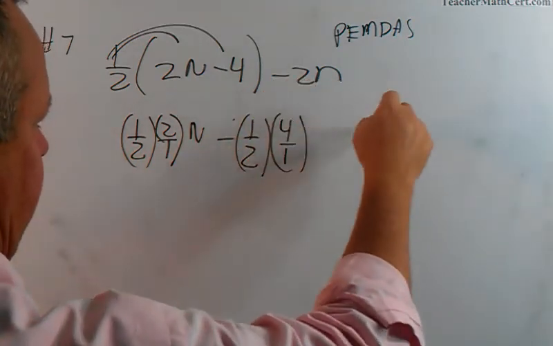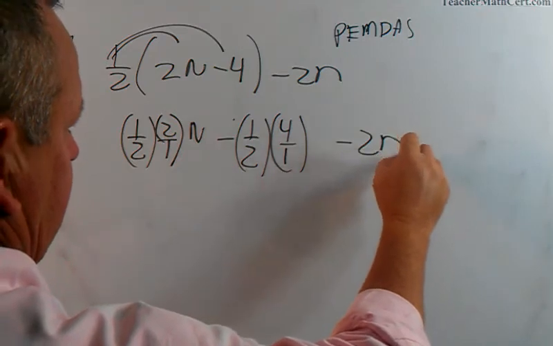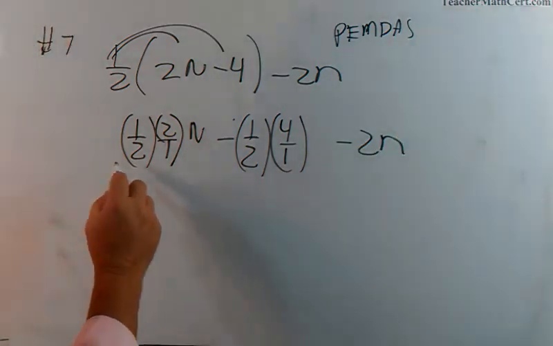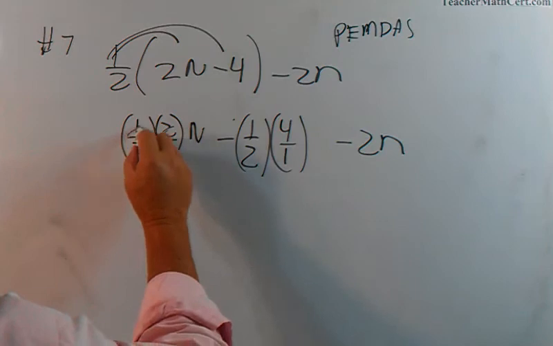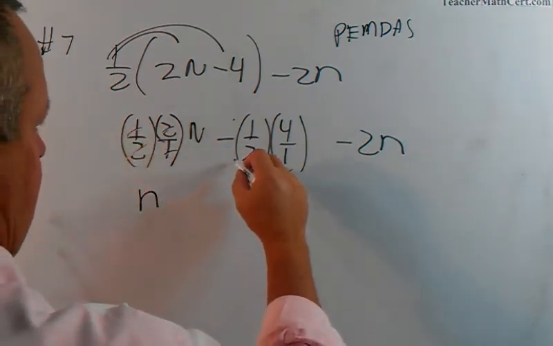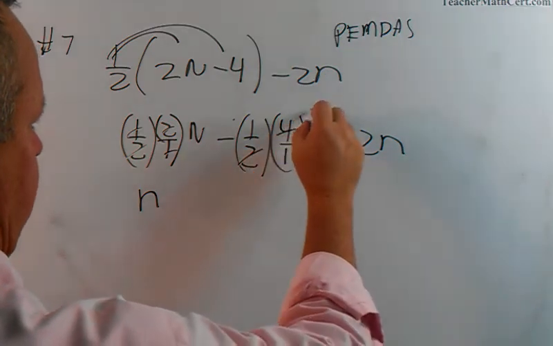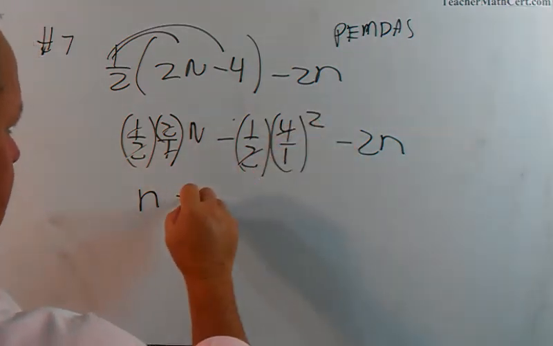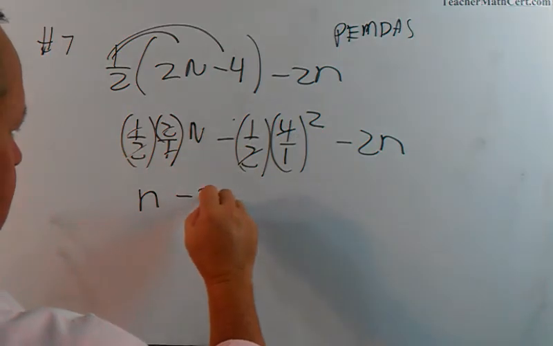And then we've got this minus 2n over here. Doing the multiplication here, these 2's cancel, 1's cancel, we're left with n. Doing the multiplication here, 2 goes into 4 2 times, so that's equal to minus 2.